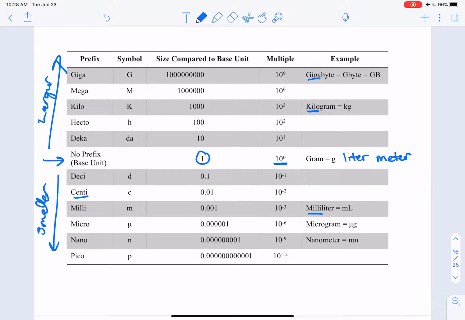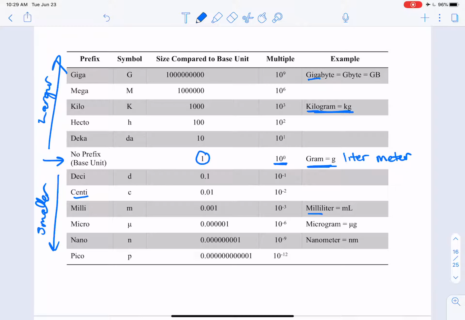Okay, so how do we read this chart? Well, if we look at the base unit, and let's do gram, and we compare it to kilogram, what does the middle part of the chart tell us?